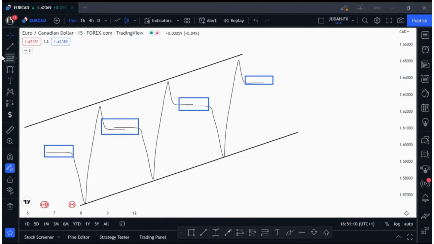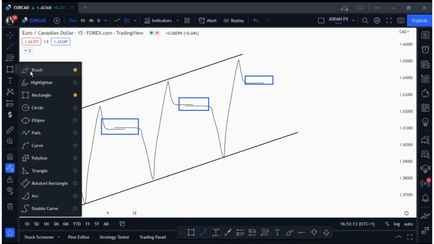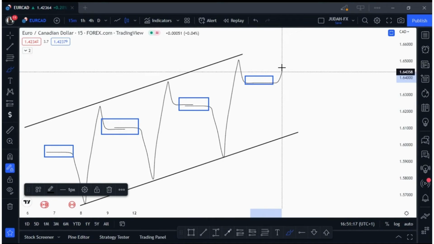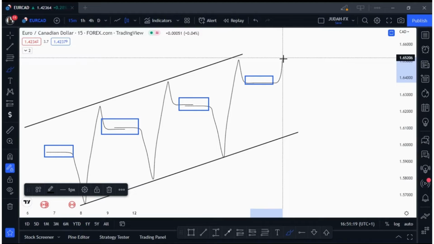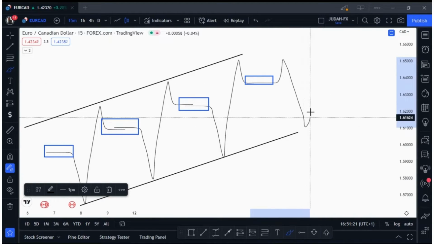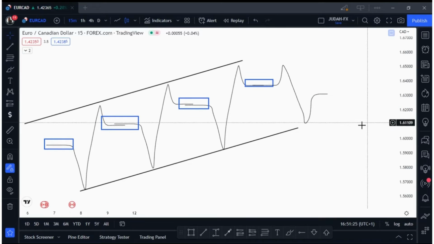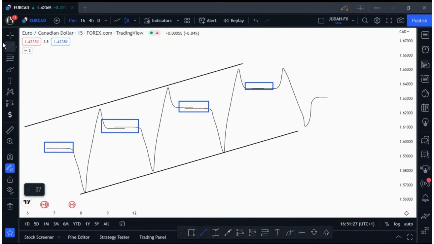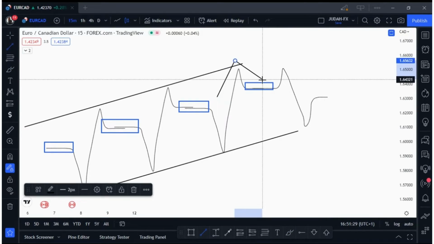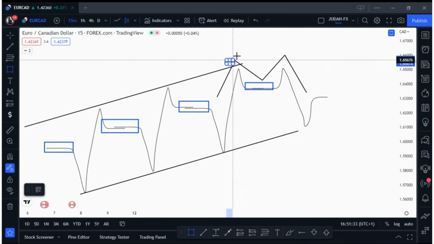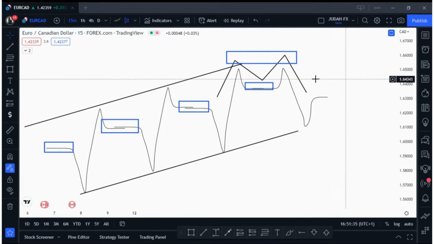And also, if they want to reverse, they'll just basically do the same thing, but in reverse, right? So now they move sideways, they go London breakouts, New York reversal, and then end the day, right? And that is how they form your double tops and double bottoms in the market, right?